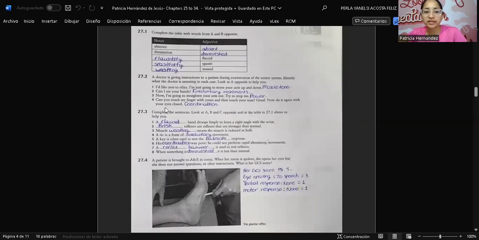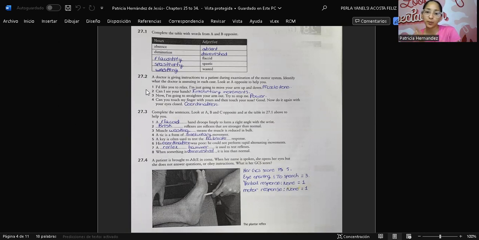27.2. A doctor is giving instructions to a patient during examination of the motor system. Identify what the doctor is assessing in each case. Look at A opposite to help you. Number 1, I would like you to relax. I'm just going to move your arm up and down. That's muscle tone. Can I see your hands?